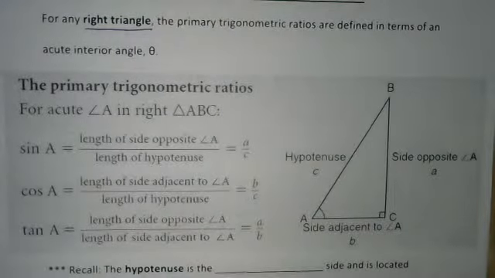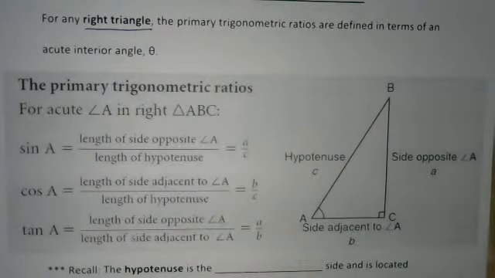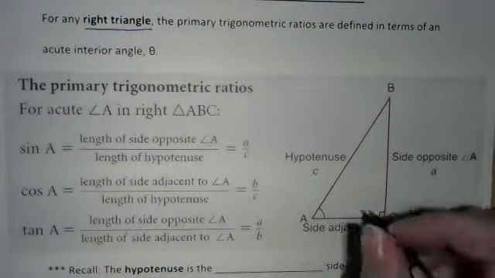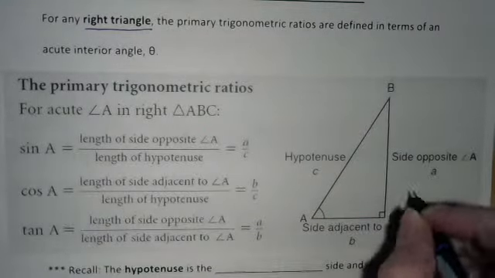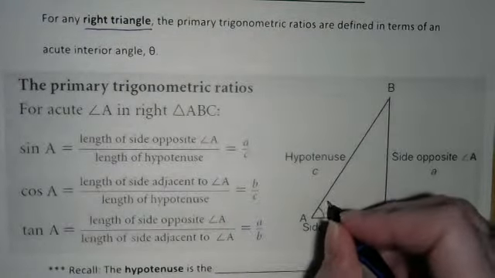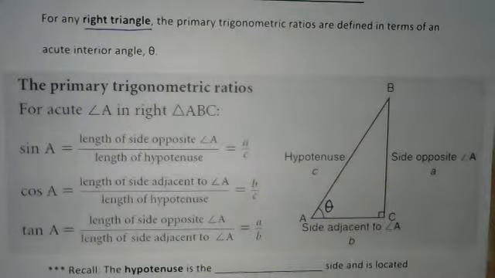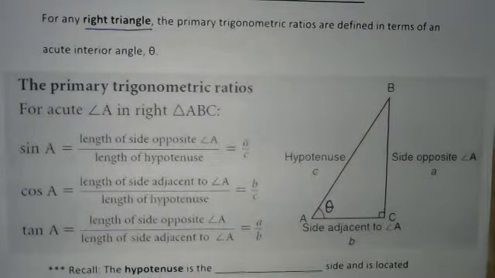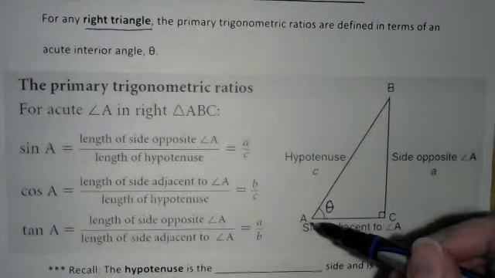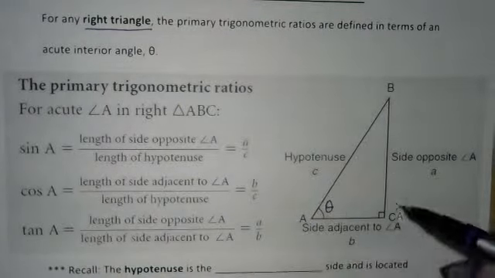So if you take a look at this diagram here, this is in your notes, in this example, this is the angle we're working with. This is theta. We usually call the angles the capital letters on each corner.